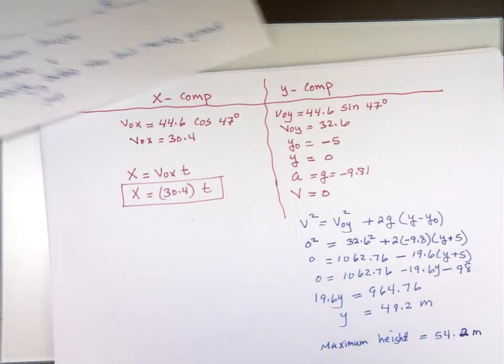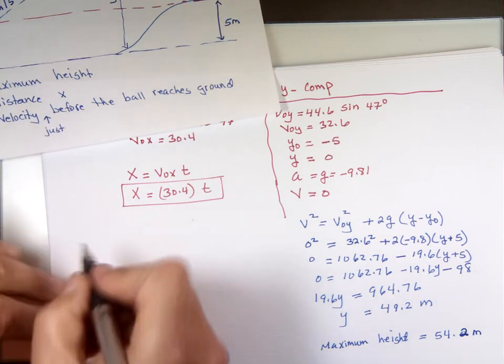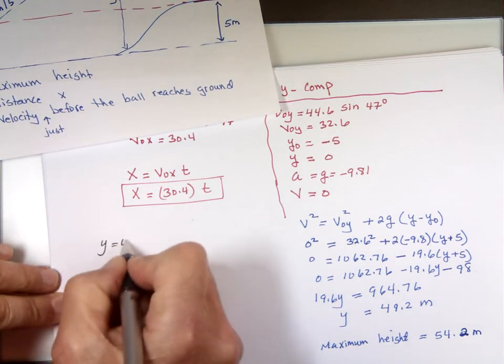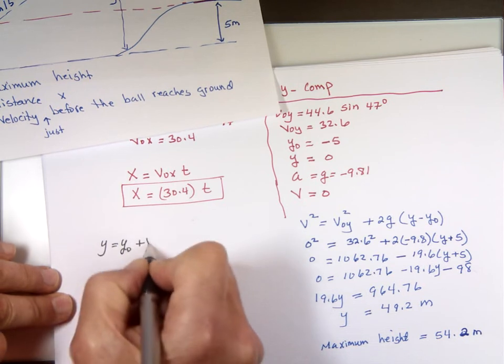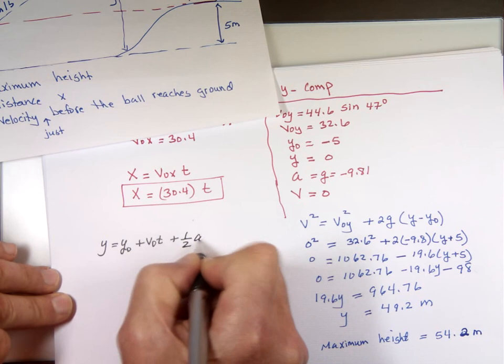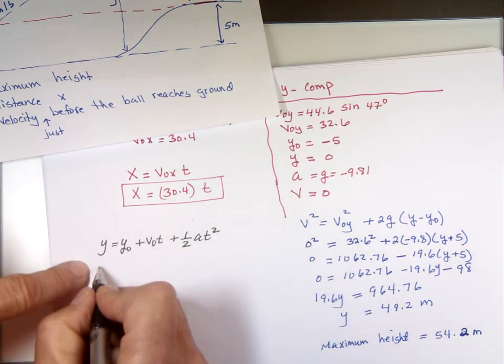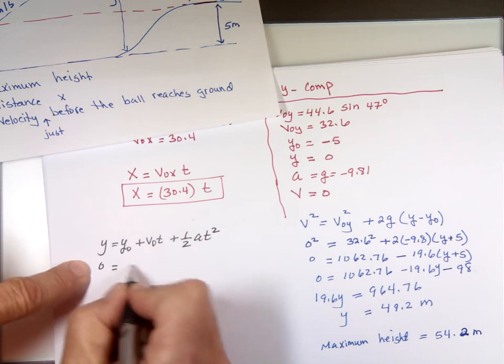Let's see. y equals y sub 0 plus v0 t plus 1/2 a t squared, right? y is 0. y sub 0 is negative 5. v0 is what, 32.6?